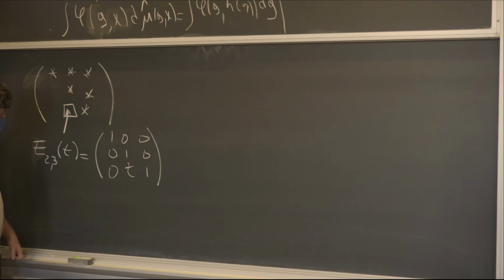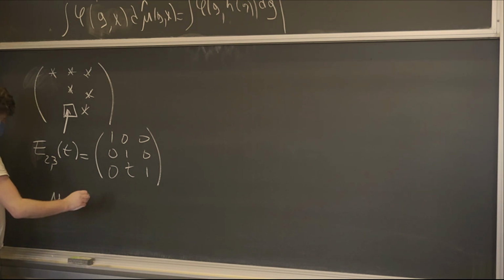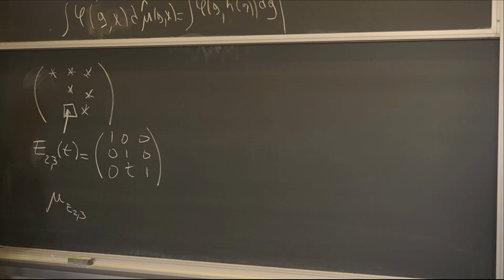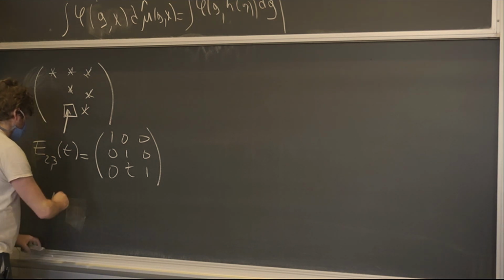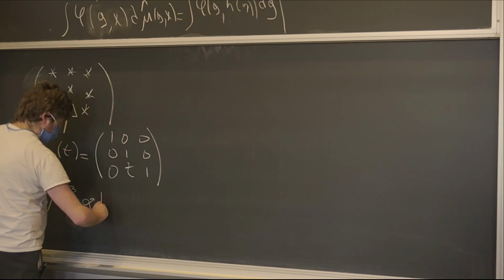And I would like to show, I will have to fail, but I want to show that when I do mu along this E23 direction at T, now this is Haar.